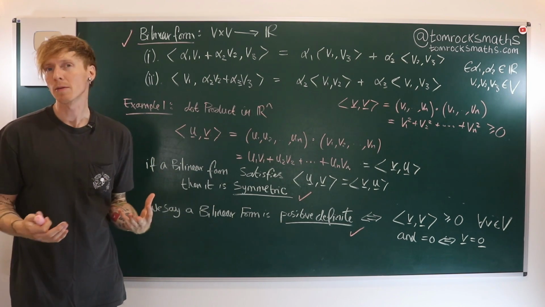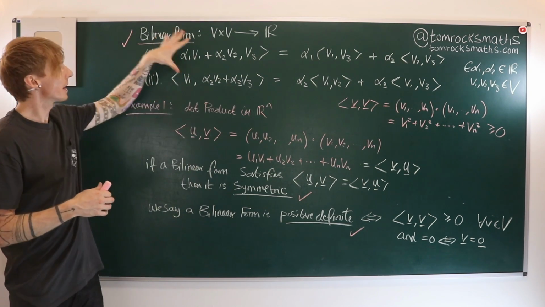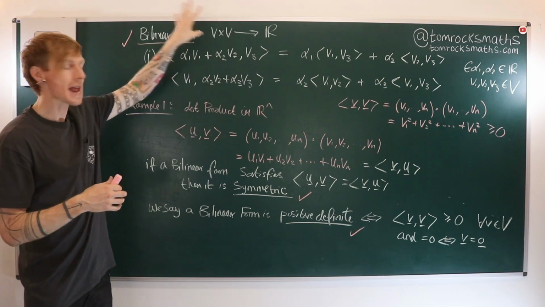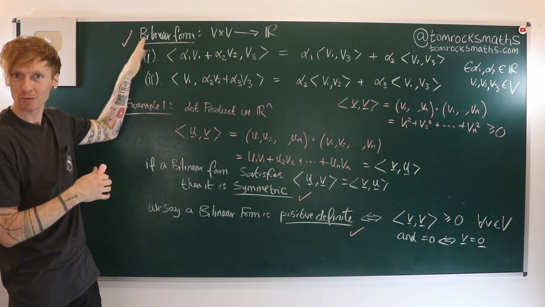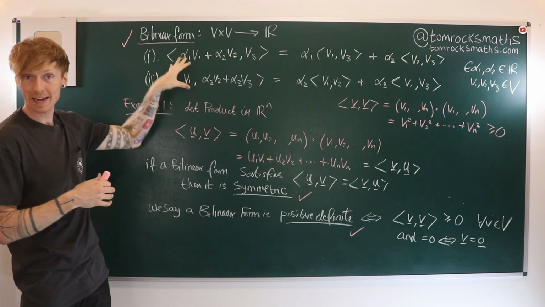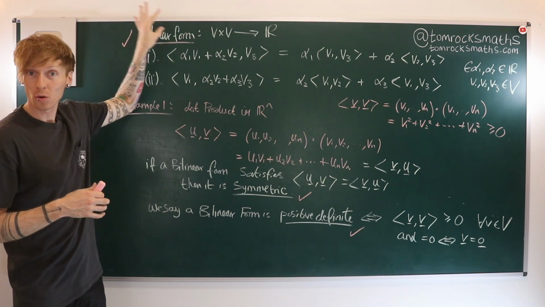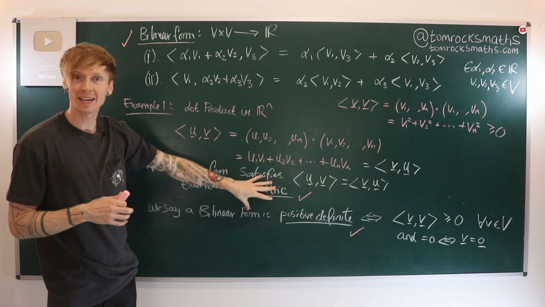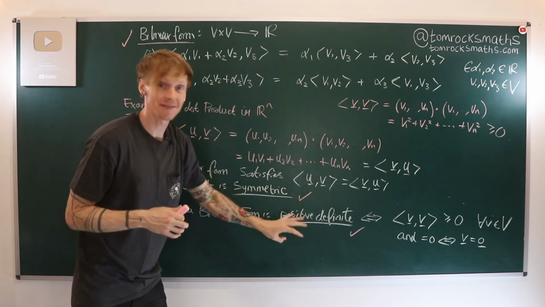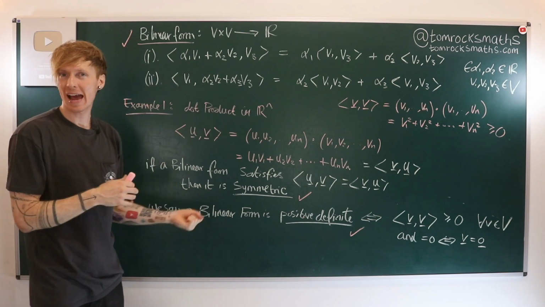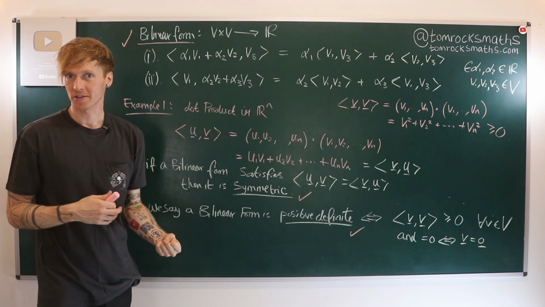More generally, we call any bilinear form, so any map which satisfies properties 1 and 2, is linear in the first and second positions. Any bilinear form which is also symmetric and positive definite is called an inner product.